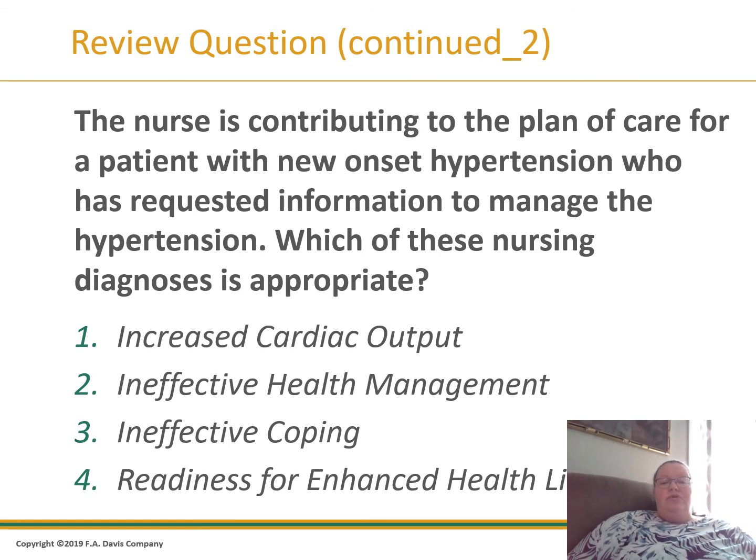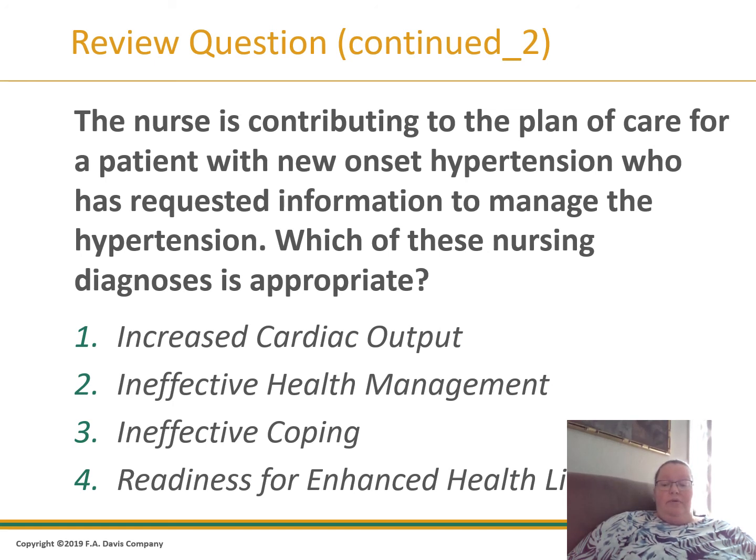The nurse is contributing to the plan of care for a patient with a new onset hypertension who has requested information to manage the hypertension. Which of these nursing diagnoses is appropriate? 1, increased cardiac output. 2, ineffective health management. 3, ineffective coping. Or 4, ready for enhanced health literacy.